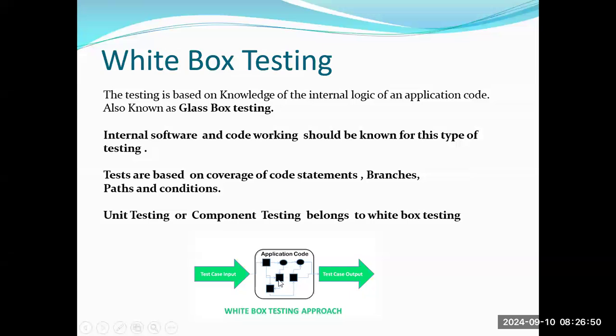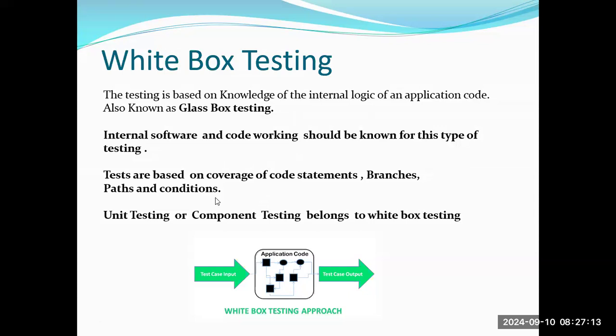Developers are always able to see the code. Internal software and code working should be known for this type of testing. If you want to perform white box testing, you need to know the code. Then only you can do white box testing. Understanding, right? So you already know who knows the code: the development team.